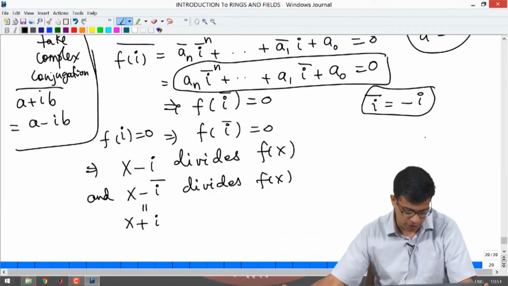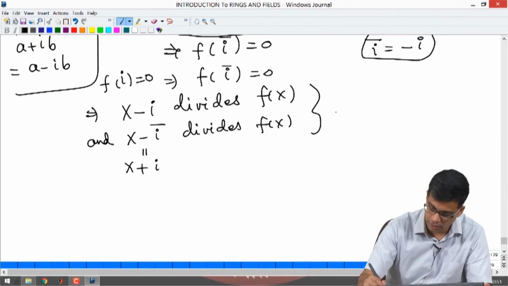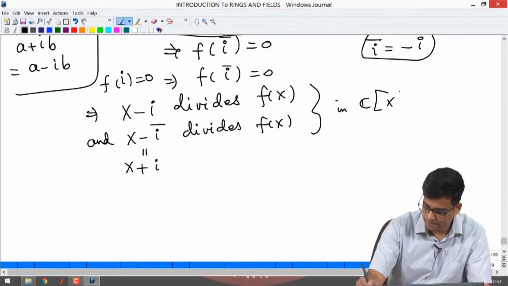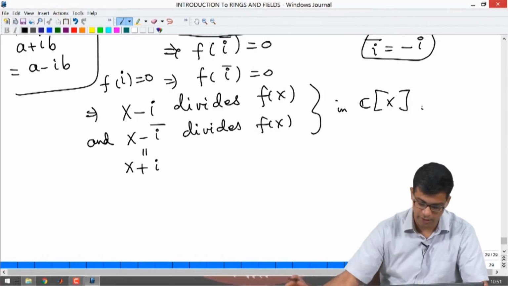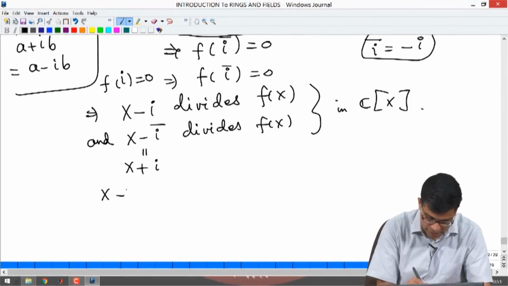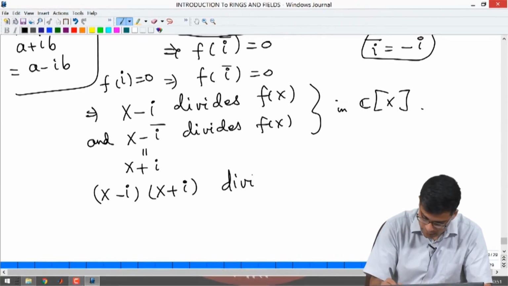So, finally what we have is that x minus i divides f of x, x plus i divides f of x. This is, if you want, in C[x]. Inside C[x], x minus i and x plus i divide f of x, but that means x minus i times x plus i divides f of x.